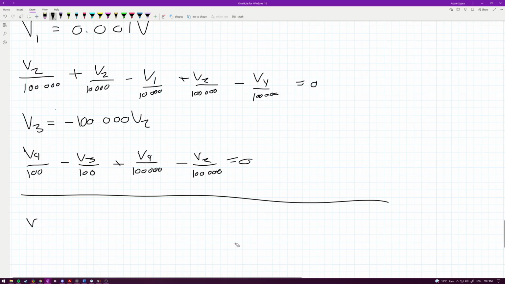So this is going to be 2 V2 over 100,000, which is V2 over 50,000, minus V1 over 10,000, so 0.001 over 10,000, which is a constant 1 times 10 to the negative 7.